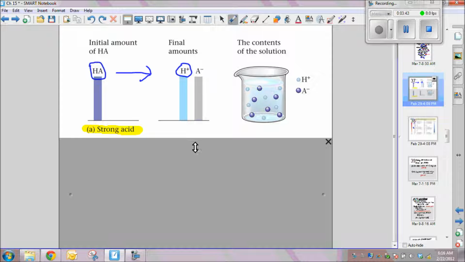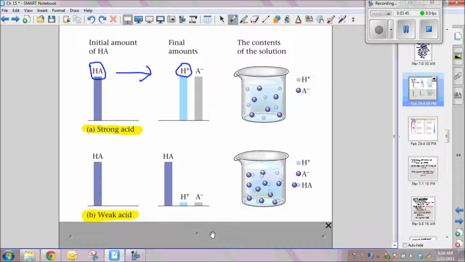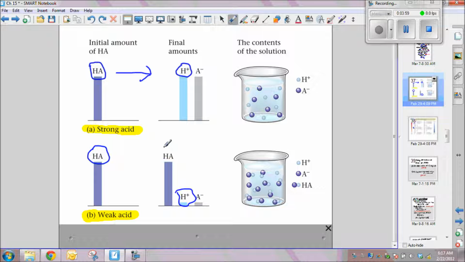A weak acid is not the case. For example, let's go with vinegar. You might put 5 moles per liter of HA in solution, and you only get 0.01 moles per liter of H plus. So most of the species does not ionize and stays as the molecule in solution, and very few of them actually ionize. So a weak acid has low ionization.